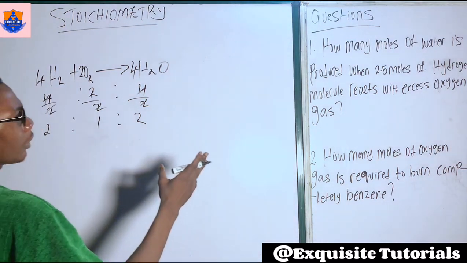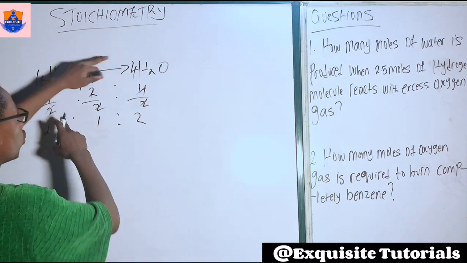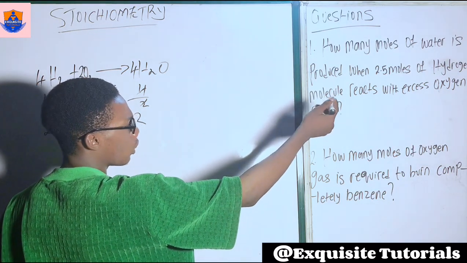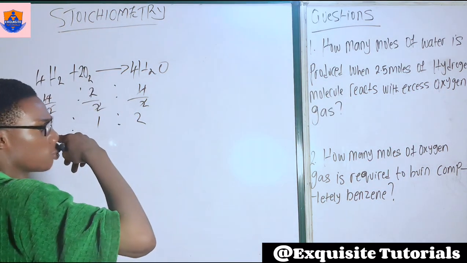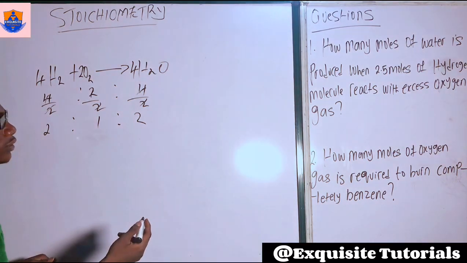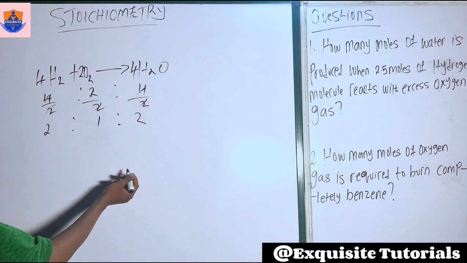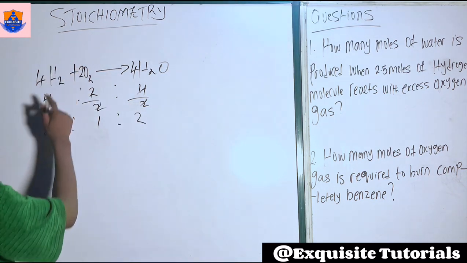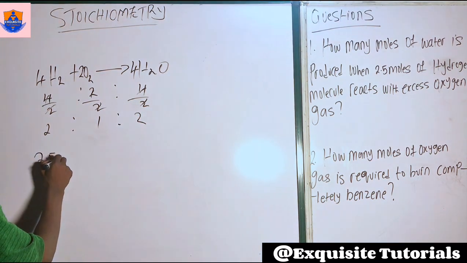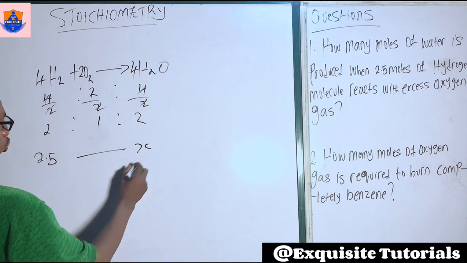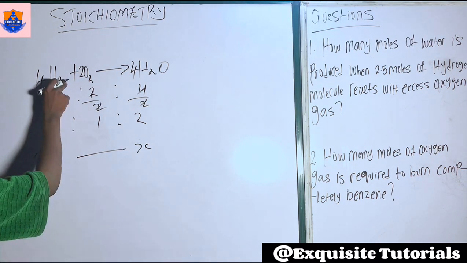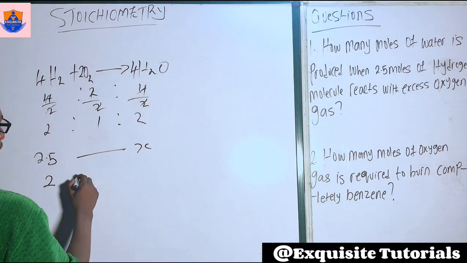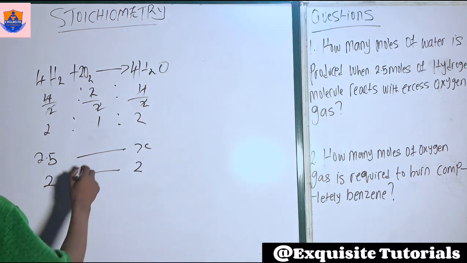So what are we comparing? We're comparing hydrogen to water, because they said how many moles of water is produced when 2.5 mole of hydrogen. So they give us 2.5 mole of hydrogen. So for hydrogen we have 2.5, and for water it is unknown. Then how many mole of hydrogen here? It is 2. So how many mole of water? It is 2 as well. So let's multiply.